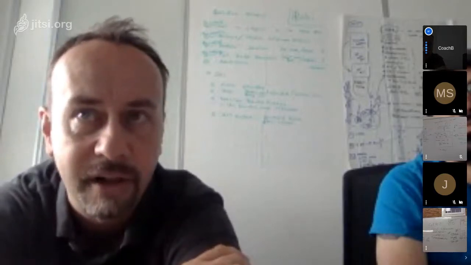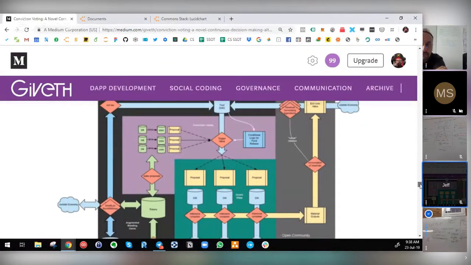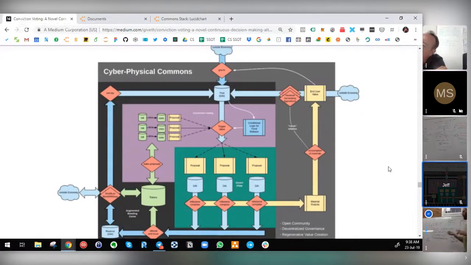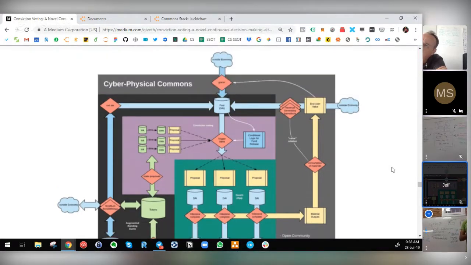Or do we assume that commons tokens will be on exchanges, will have outside value besides the commons voting? The commons token has a bonding curve. It will not be on outside exchanges because our legal strategy will require us to make it non-transferable.